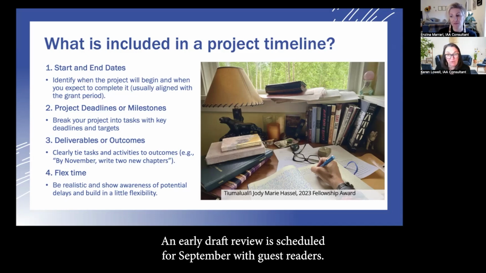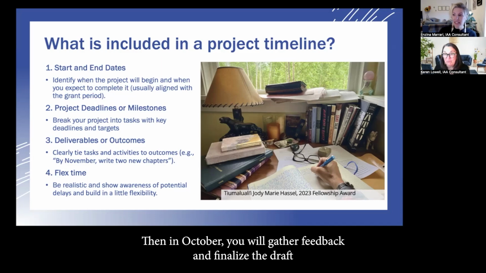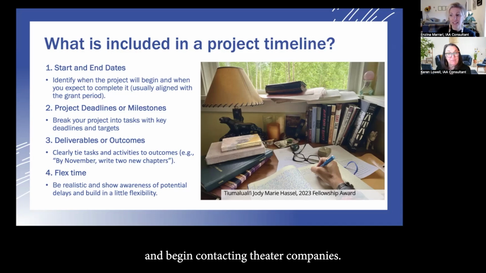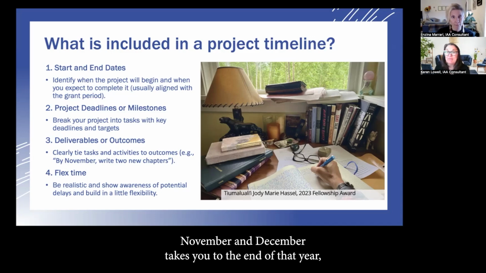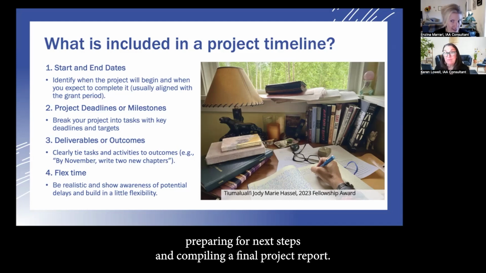An early draft review is scheduled for September with guest readers. Then in October, you will gather feedback and finalize the draft and begin contacting theater companies. November and December takes you to the end of that year, and that will be dedicated to finalizing project tasks, preparing for next steps, and compiling a final project report.